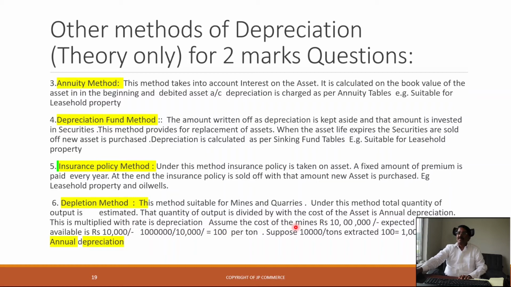Let us assume the cost of the mine is 10 lakh rupees and the expected quantity available is 10,000 tons. Now 10 lakh by 10,000 is 100 rupees, the rate per ton. Suppose in the first year we extracted 10,000 tons, then 10,000 tons into 100 is equal to 1 lakh rupees as the annual depreciation.